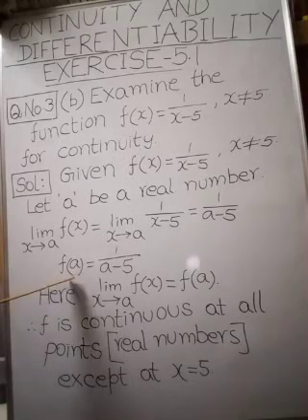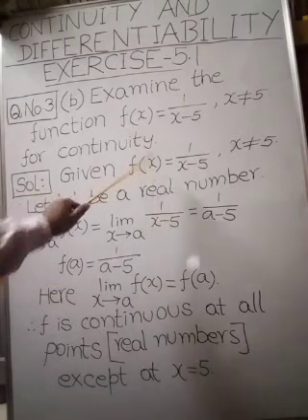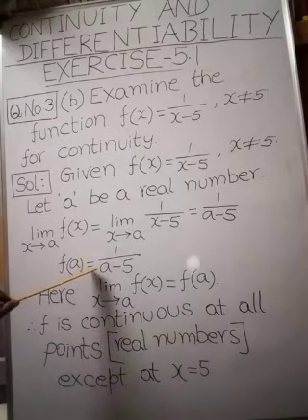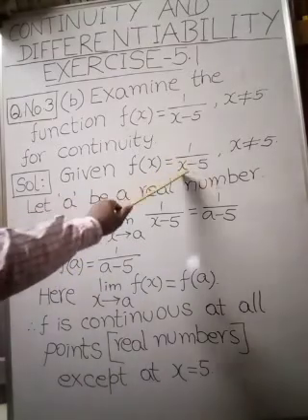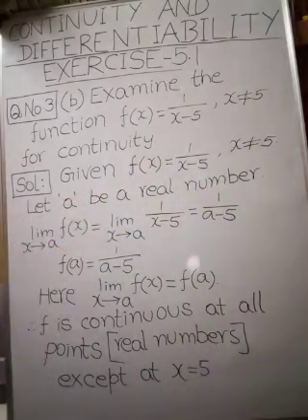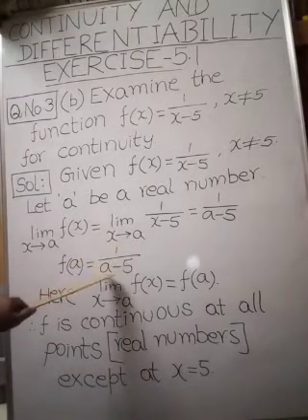Now we have to find the function value at x is equal to a. It means in this given function we substitute x is equal to a. So f of a is equal to 1 by a minus 5. Understood, my dear children? Right. Then we get f of a is equal to 1 by a minus 5.